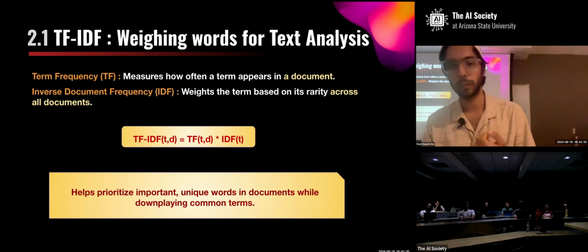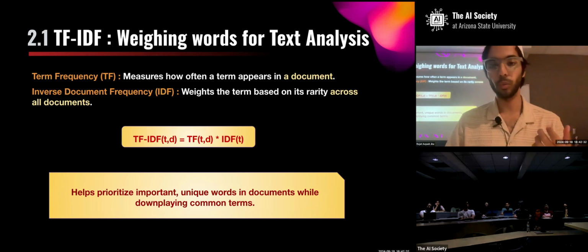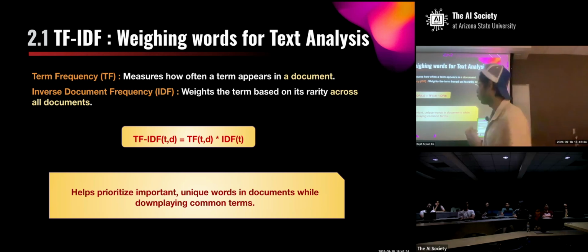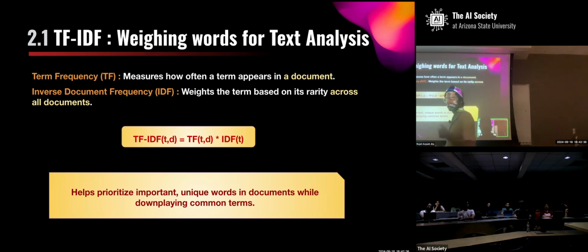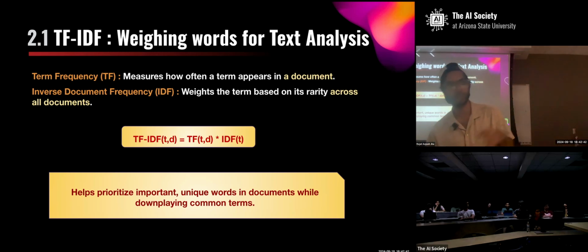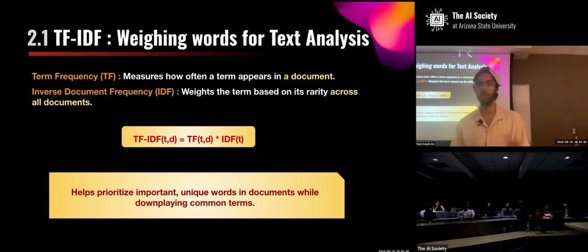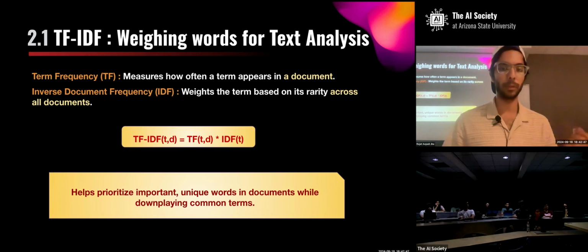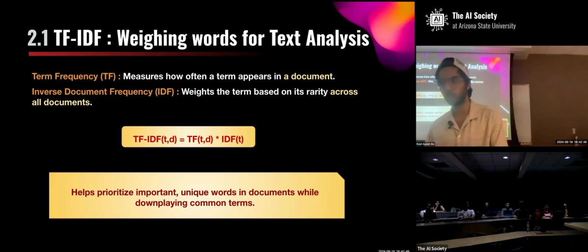And inverse document frequency weights the term based on its rarity. One of the drawbacks of the bag of words model was that it was very sensitive to stop words. If the number of stop words is too large, it won't perform well, because it will give more weightage to those stop words.